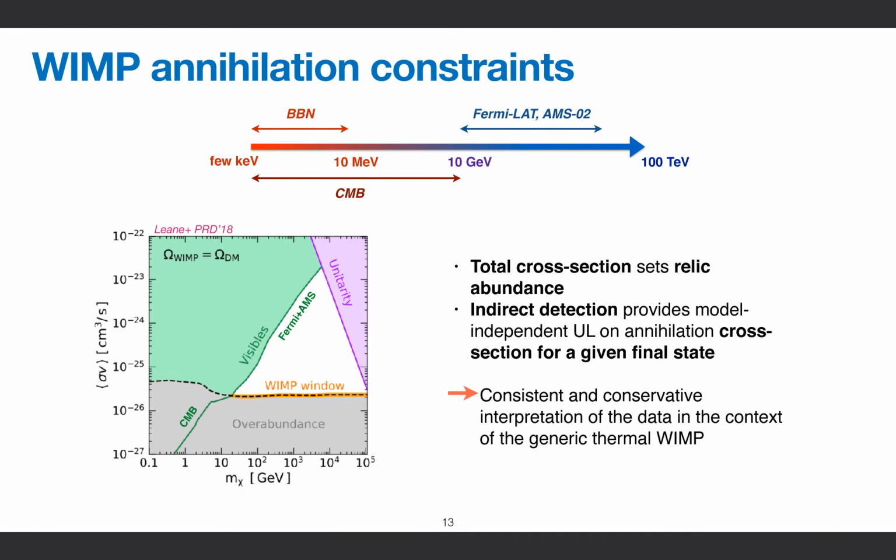So as for what is the parameter space for WIMPs, well, you can actually constrain it with different probes. For low WIMP masses, let's say below 10 GeV, it is the cosmic microwave background that gives you the strongest constraints on WIMP particles, while at high energies it is really observations of the gamma ray sky and of the charged cosmic rays that set the strongest constraints on the parameter space.